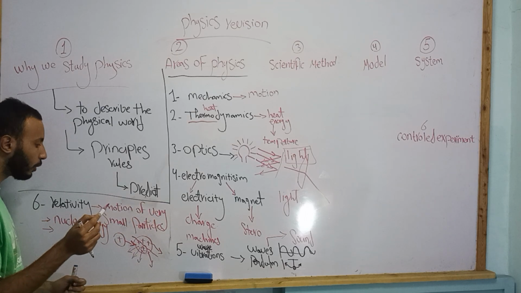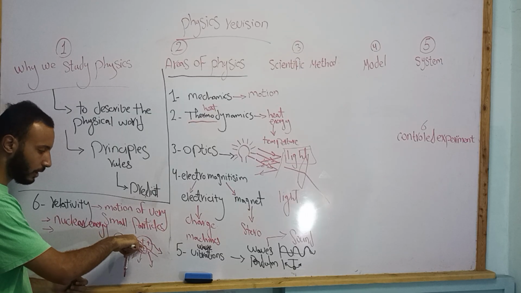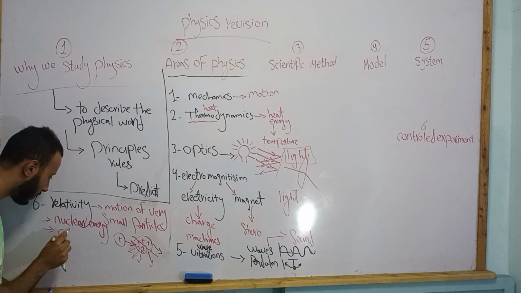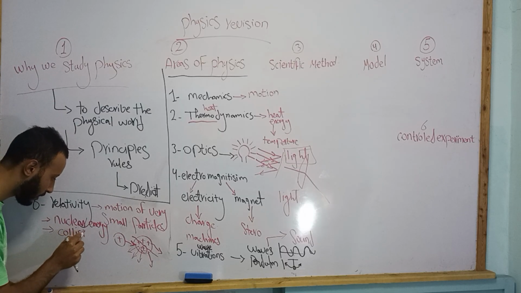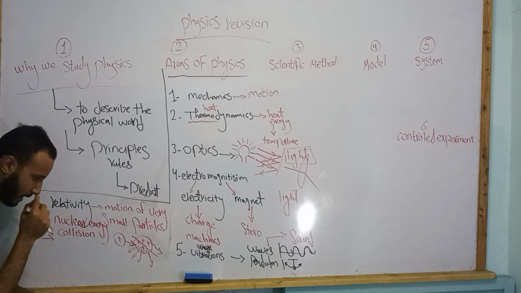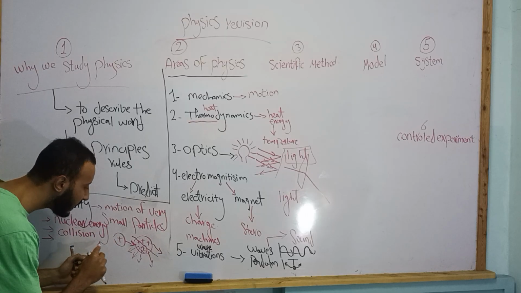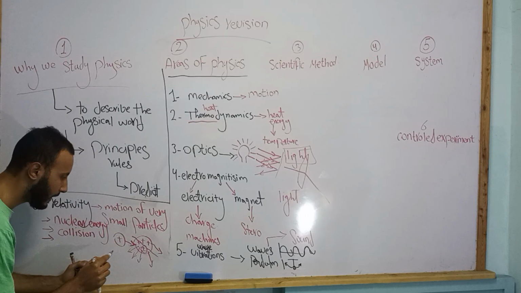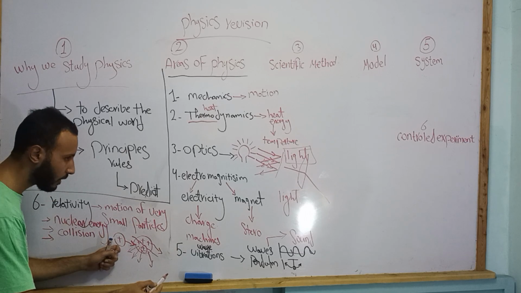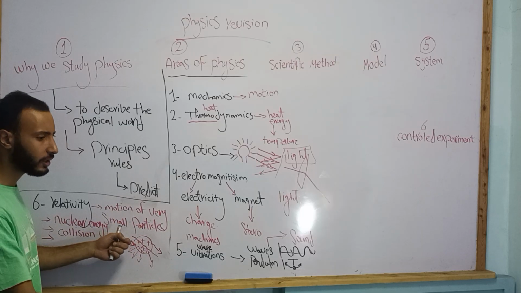So, motion of very small particles, nuclear energy. We can say also collision, because a collision happens here between the proton and the nucleus. And we also have nuclear energy, as I said. And in order to make this collision, you have to accelerate this proton. Accelerate means make its speed or velocity higher in order to hit this nucleus and release all of this nuclear energy.